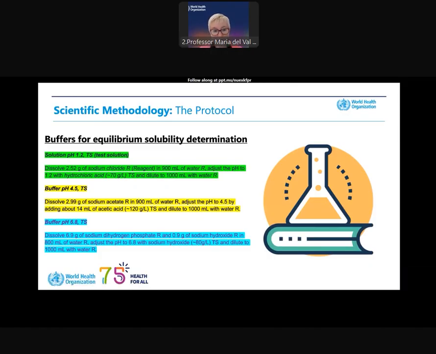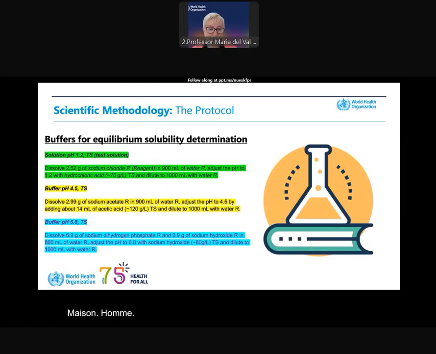The buffers for the equilibrium solubility determination are the pharmacopoeia ones. I mean, we are using the recipes from the pharmacopoeia, and we are measuring the pH at the beginning of the experiment when we put the API in contact with the buffer, and at the end of the experiment. So we control that the pH has not changed.